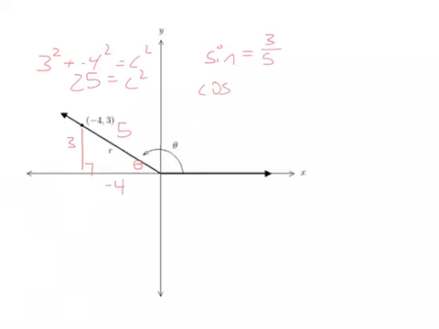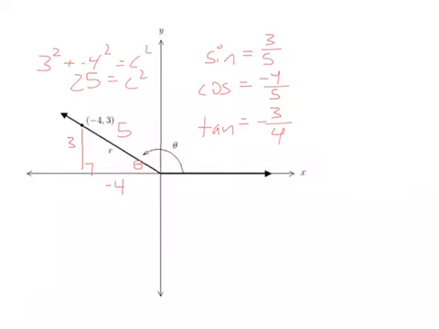So sine is opposite over hypotenuse, which in this case is going to be 3/5. Cosine is adjacent over hypotenuse, which is -4/5. And tangent, opposite over adjacent, so -3/4. Now it doesn't matter if it's -3/4 or 3/-4, whatever. It just matters that it's negative.